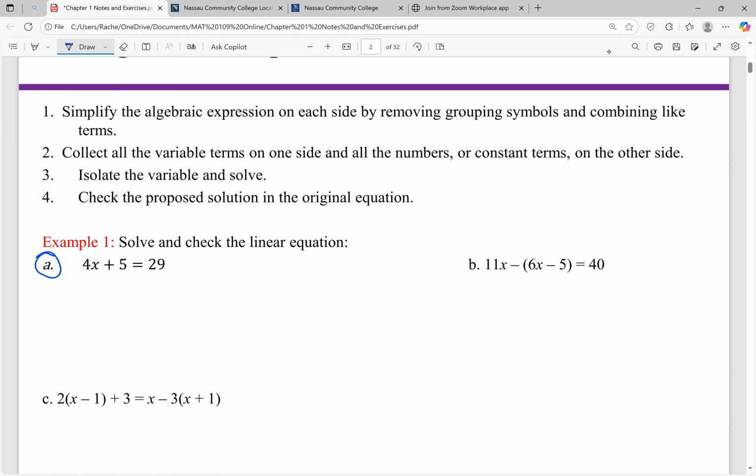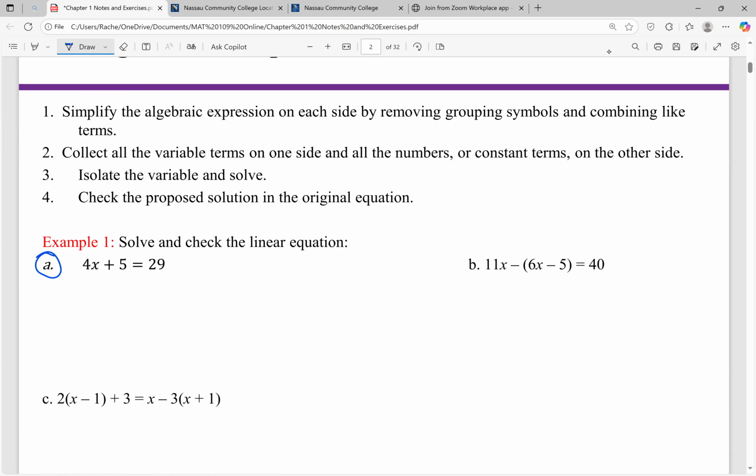And in A, we have 4x plus 5 is equal to 29. So the goal is to solve for x. So my first step, if necessary, would be to get rid of any groups, any parentheses by your distributive property and combine like terms. That's not necessary in this case because it doesn't exist.